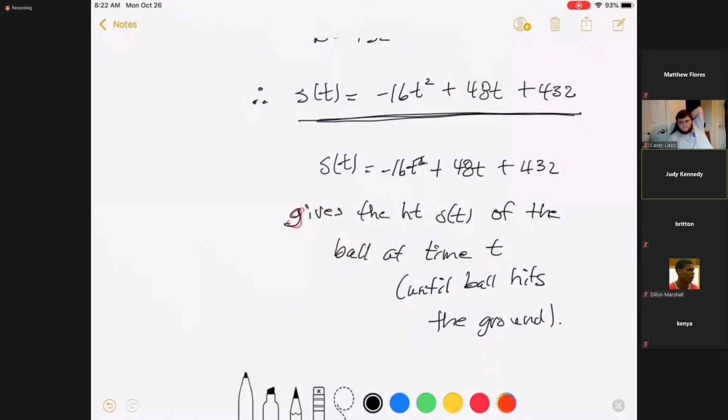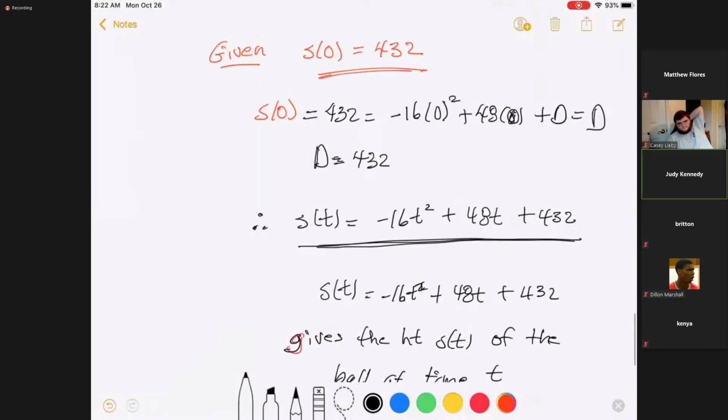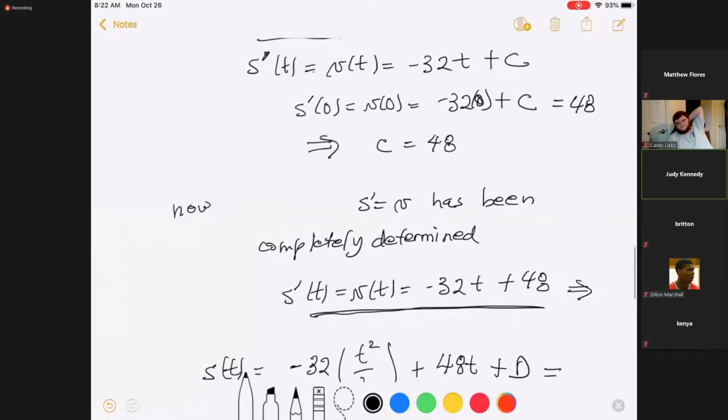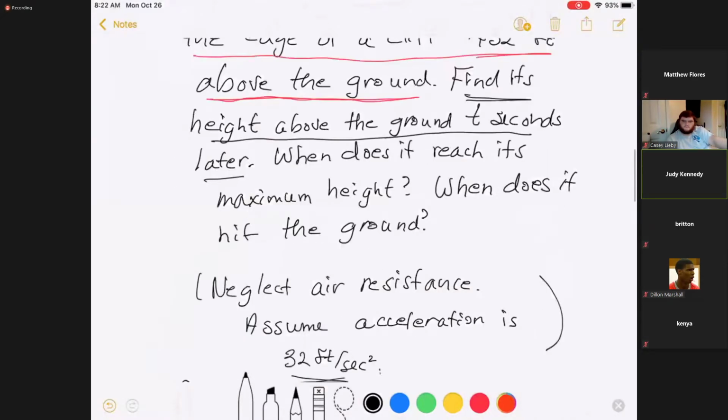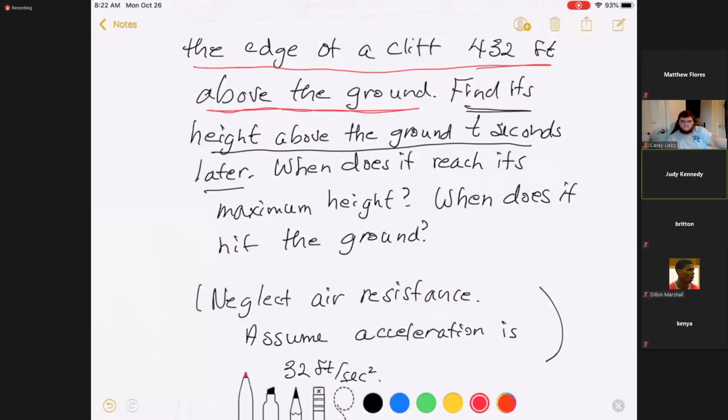We've got the first part of the problem done. Second thing it asks: when does it reach its maximum height? Well, if it's asking for a maximum, that means we need to know what the derivative is because we need our critical points.